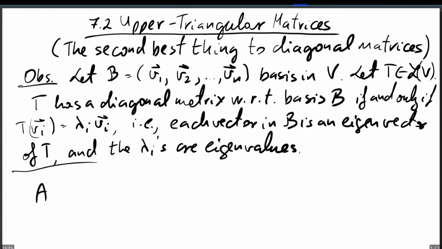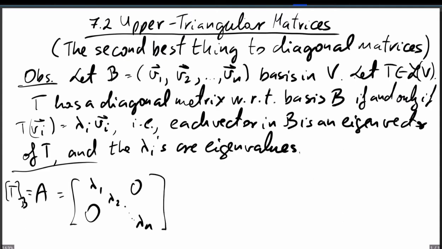Let's say that we have a matrix A, which is the matrix of the transformation in basis B, and it has lambda 1, lambda 2, ..., lambda n in the diagonal and 0 everywhere else.